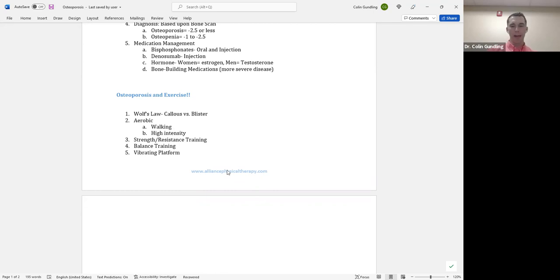We can build up that density of the bone to make it able to sustain those heavier loads without fracturing first. This happens in our muscle tissue, our tendon tissue, our ligament tissue, in multiple tissues through our body. But the most important to us for the idea of osteoporosis is what happens in our bones. So we need to slowly build the load, but make sure we are consistently building the load.